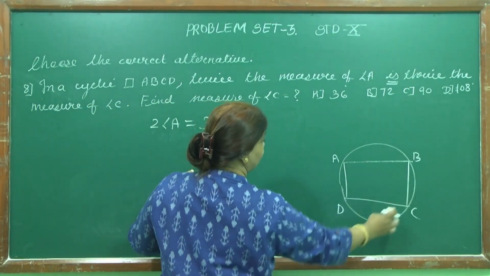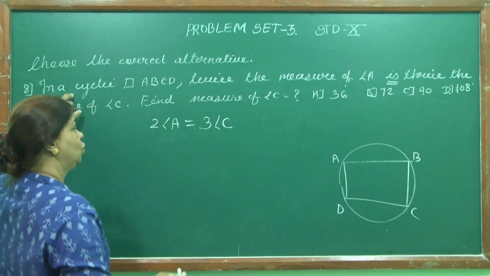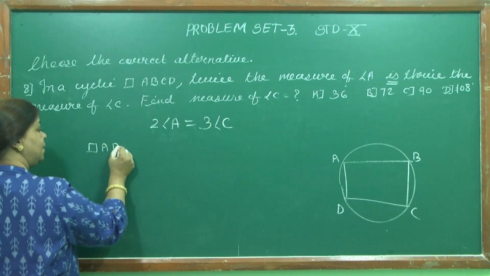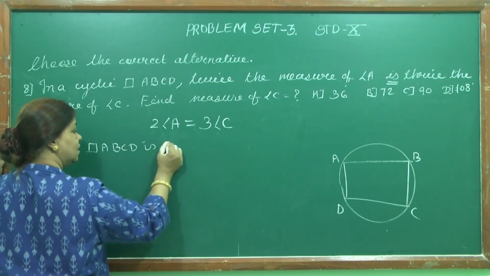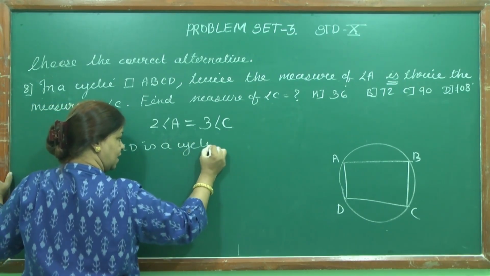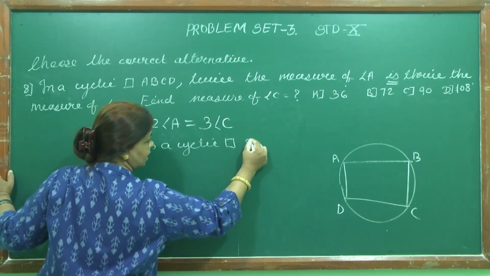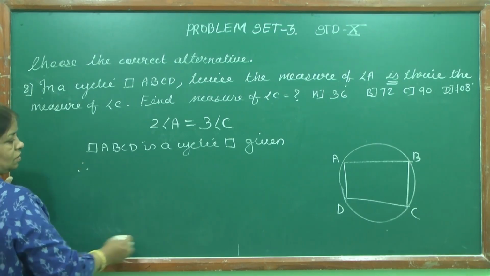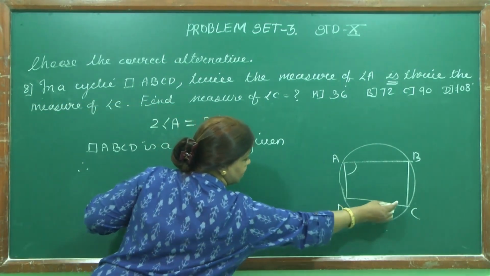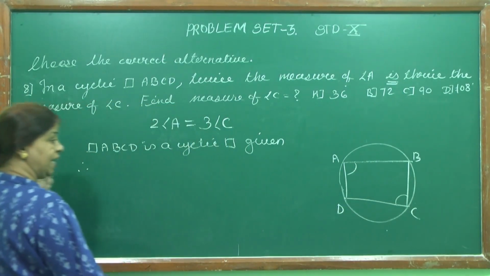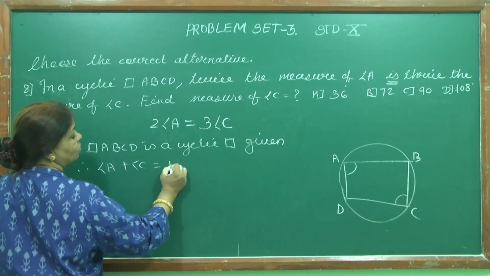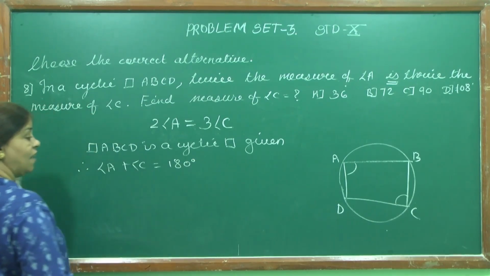It is a cyclic quadrilateral given. Therefore, quadrilateral ABCD is a cyclic quadrilateral. Therefore, angle A plus angle C will be equal to 180 degrees. Why?